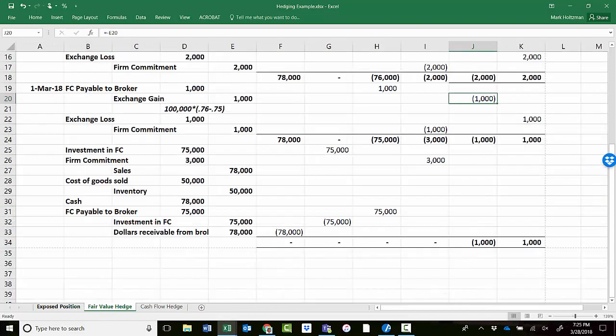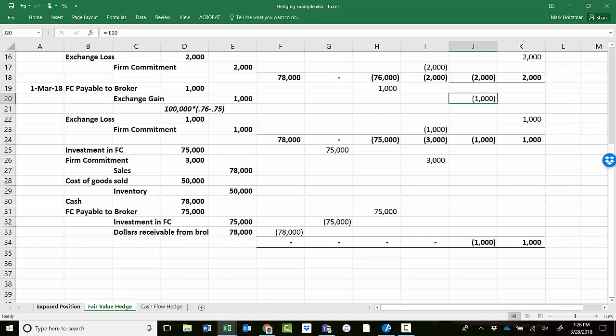But because the fair value hedge fuses the two transactions together, I now have a single sale of $78,000, and the gain didn't happen. The investment in foreign currency is $75,000, that's the amount of euros again, and now the firm commitment is wiped off my books.